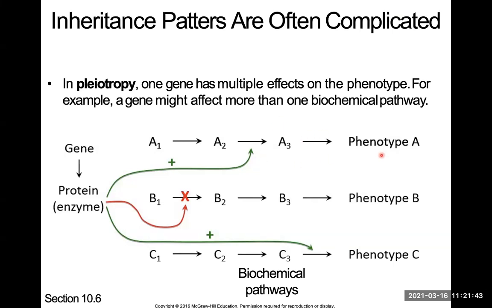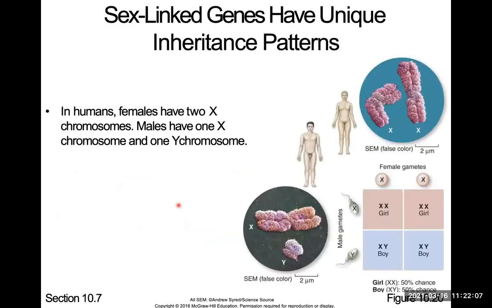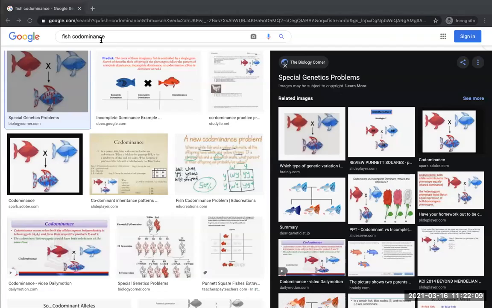You have a phenotype 1, where this gene is affecting, maybe catalyzing the reaction here, and maybe it's catalyzing the reaction here. But for another pathway, it's blocking the expression here. So it can have multiple effects. So the gene encodes for a protein that catalyzes reactions in two biochemical pathways and blocks another. So a gene can have multiple effects. So let me show you an example of that.